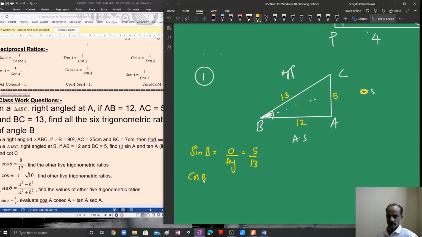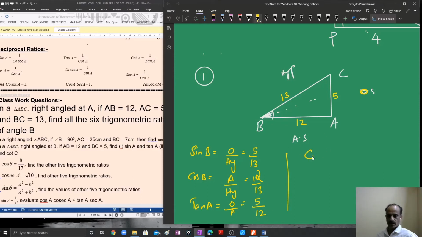Cos B is equal to what? Adjacent side by hypotenuse, that is 12 by 13. Tan B is equal to opposite side by adjacent side, that is 5 by 12.